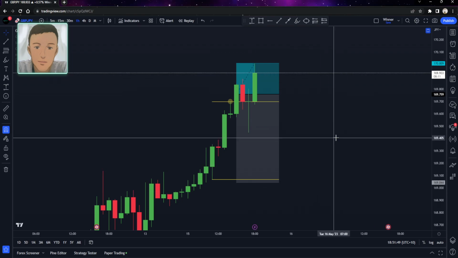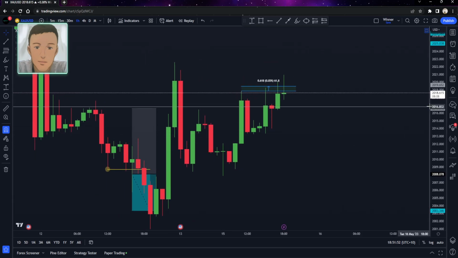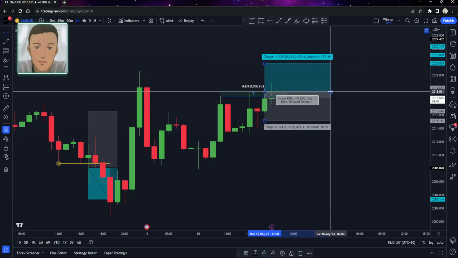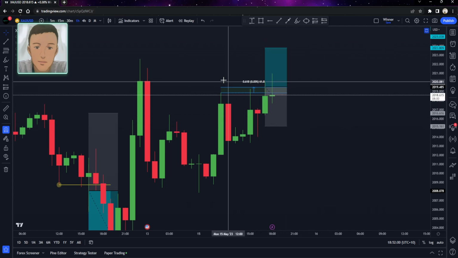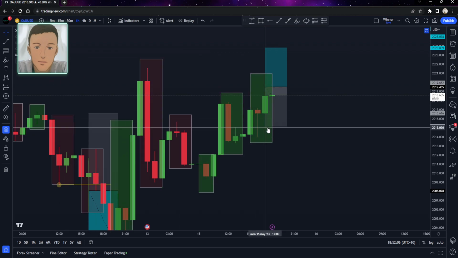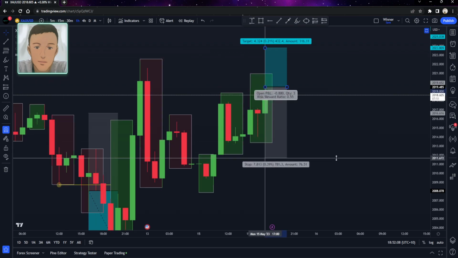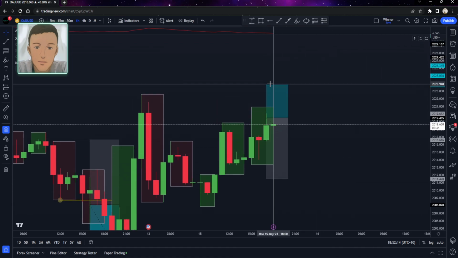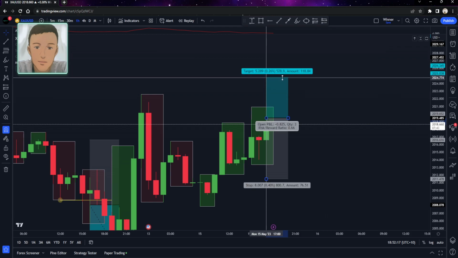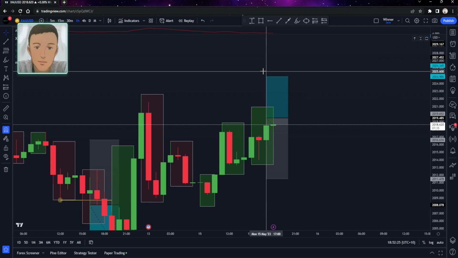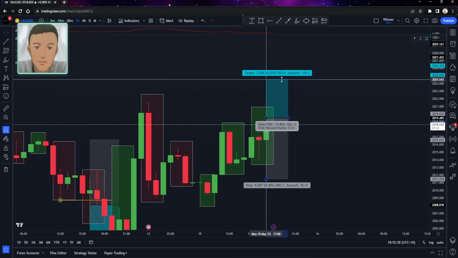I was also looking at a trade on gold as well, right? And if I hadn't entered GBP JPY, then I would have entered this one right here, and this would currently still be running with stops somewhere around here, and my take profit would be around about, let me see, let's have a look, around about 50 pips, right?